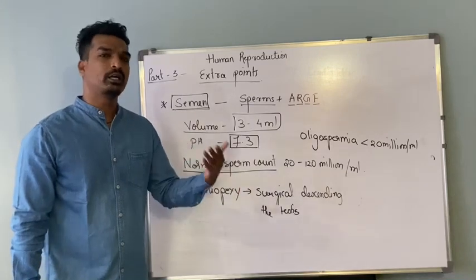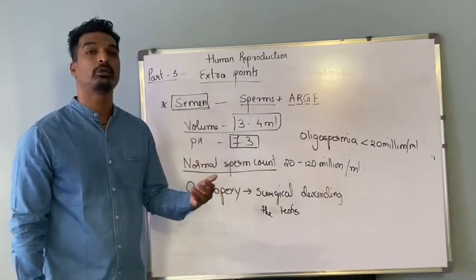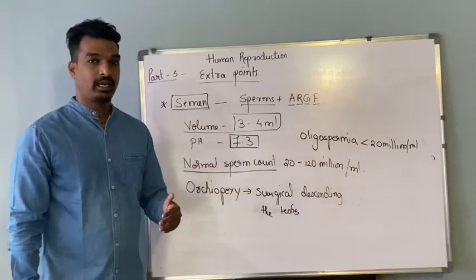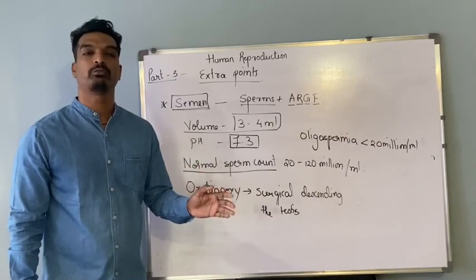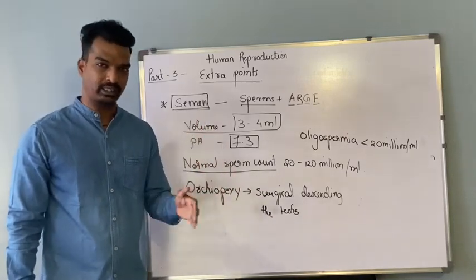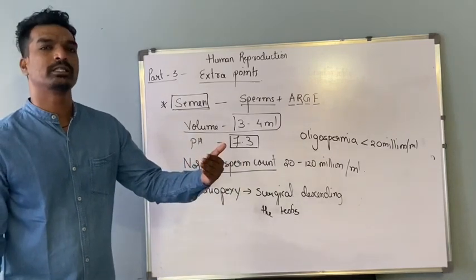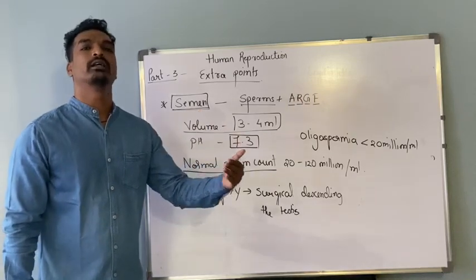Out of these, at least 60% should be properly developed with proper shape and size, and of those, at least 40% should show vigorous motility.